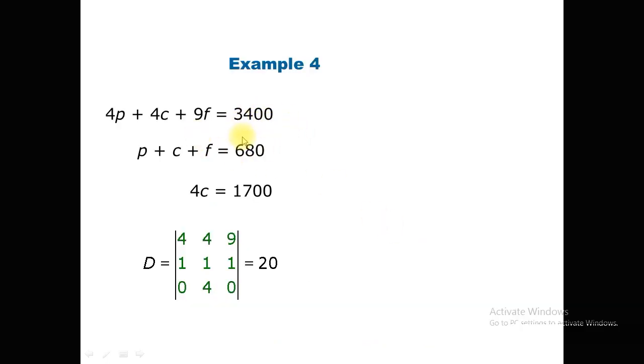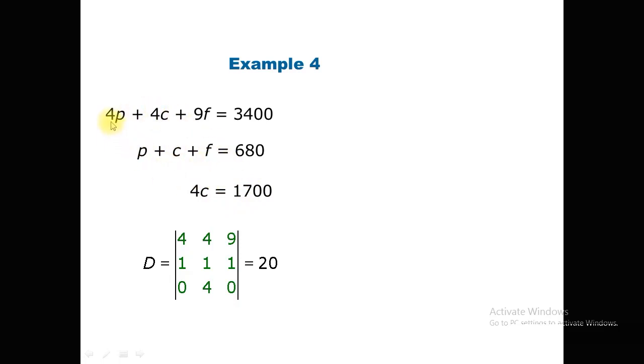For example, we have a system of 3 equations: 4p plus 4c plus 9f is equal to 3400, and another equation p plus c plus f is equal to 680, and in the third equation we have 4c is equal to 1700. Now first of all find the coefficient matrix.